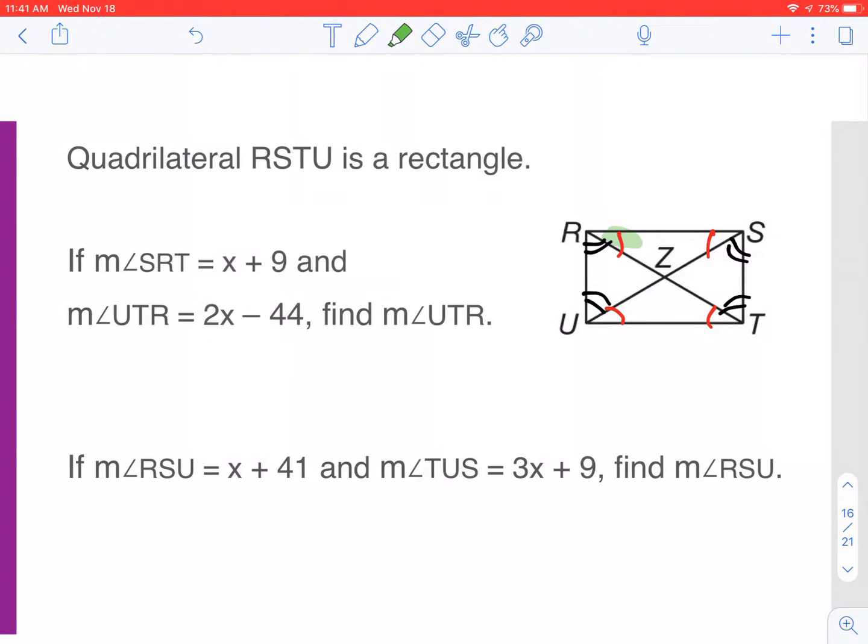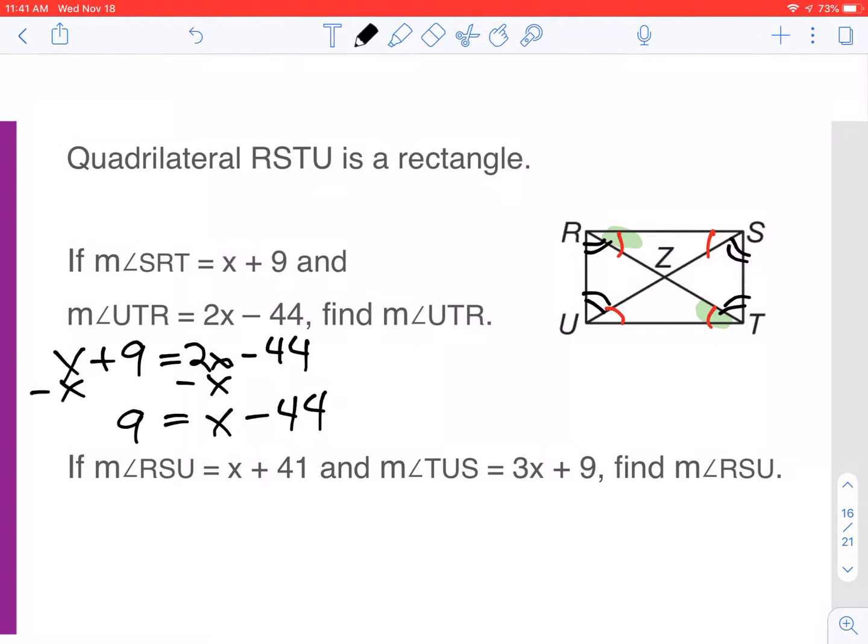UTR is this red one right here. Now I know that they are equal. X plus 9 equals 2x minus 44 minus x minus x. 9 equals x minus 44. Now I'm going to add 44 to both sides. X equals 53. Now it says find UTR.